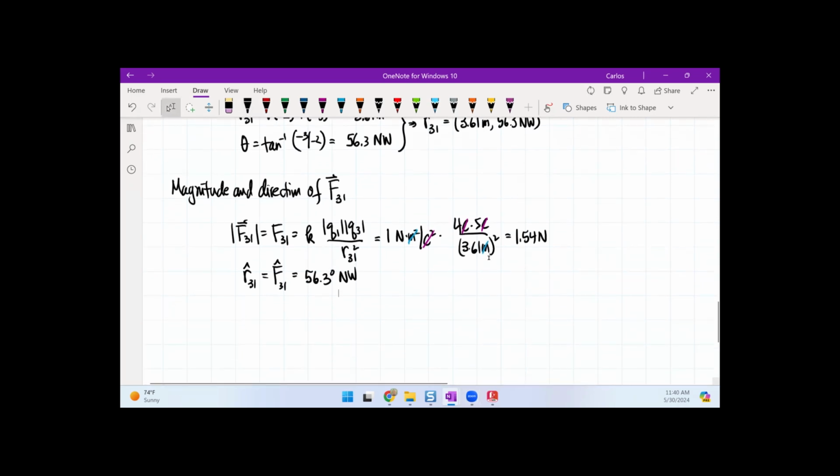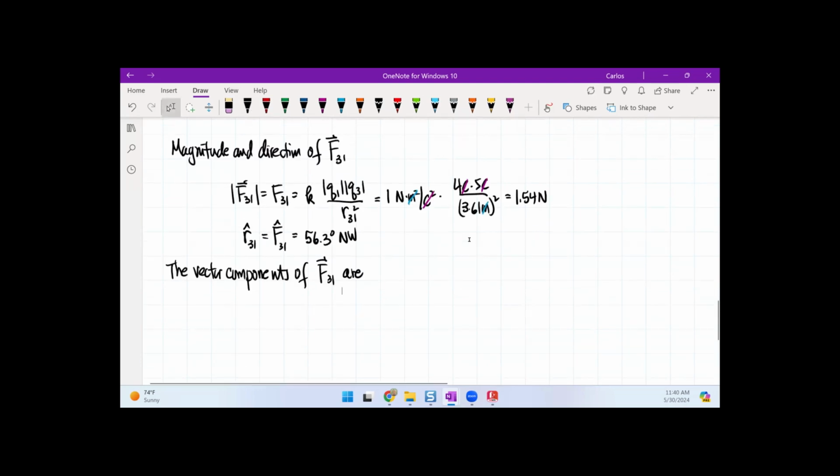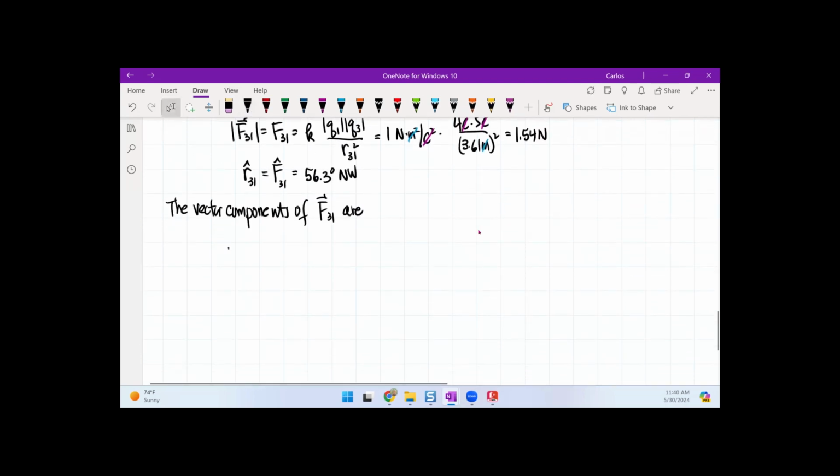But this is a vector that has components, so we need to calculate the individual components. The vector components of F31 are, I have F31x.